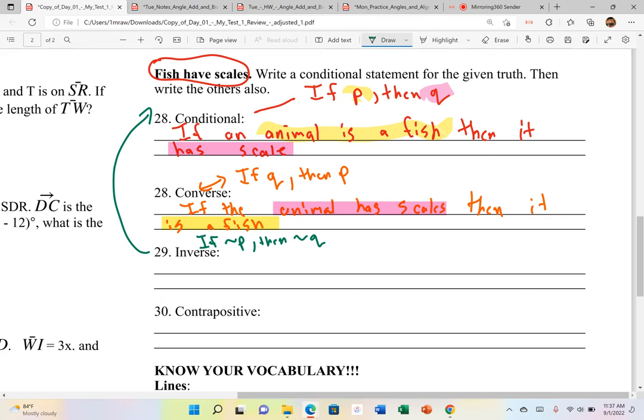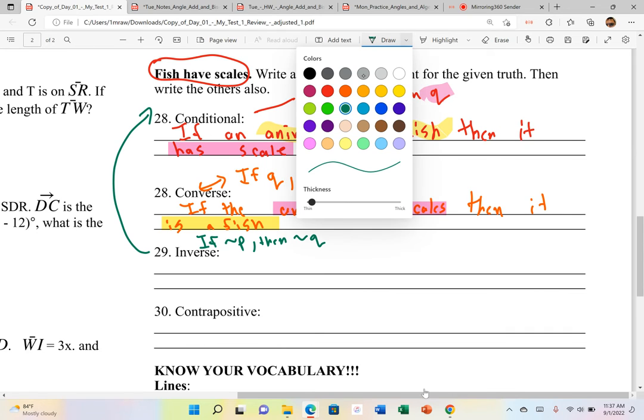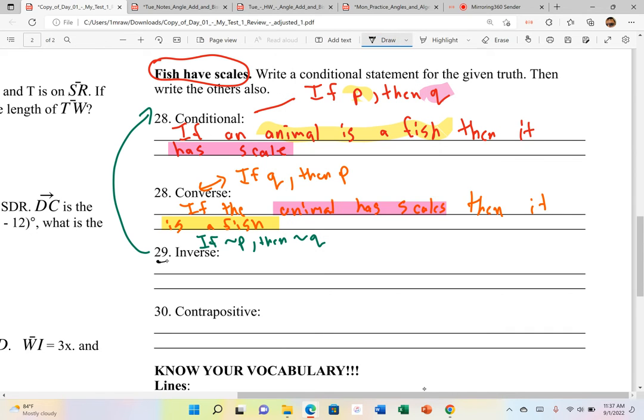So for this particular purpose, we're going to say not. So we're going back to the original conditional statement. If an animal is a fish, so therefore, if an animal is not a fish, then it does not have scales.